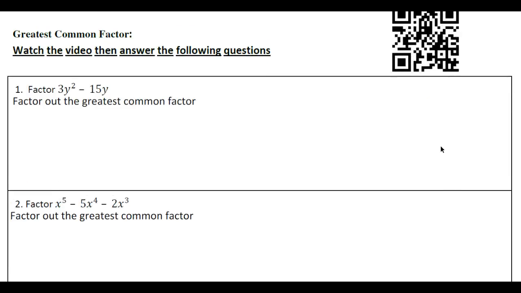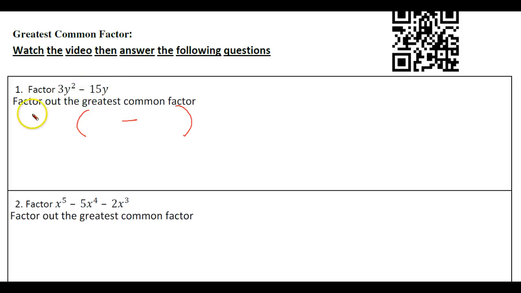Now, as we mentioned earlier, we're going to be starting to do factoring. And what they want us to do here is look at this and factor out the greatest common factor. And the way we do that is we put a parenthesis there. It's going to be a negative sign in the middle. Now, in terms of the number, what's the greatest common factor we can take out of a 3 and a 15?